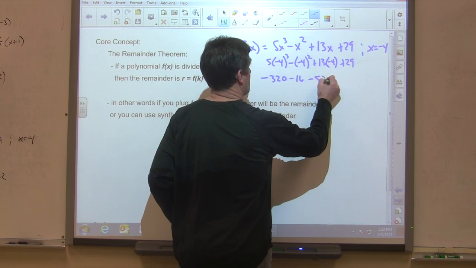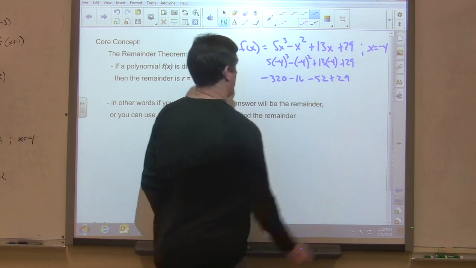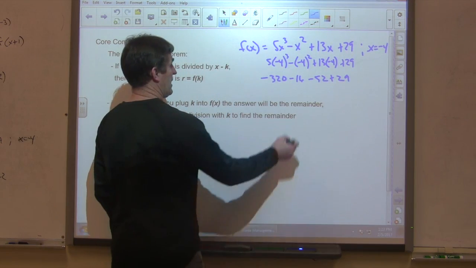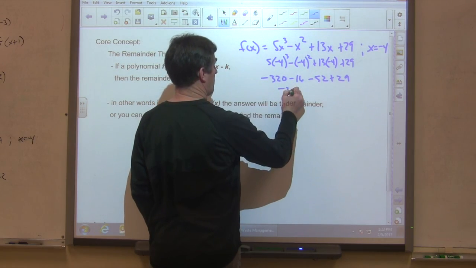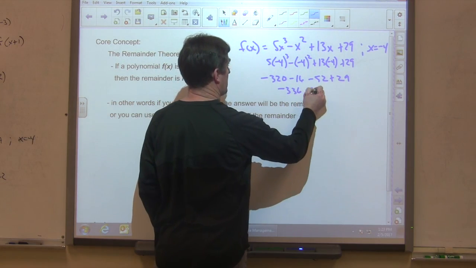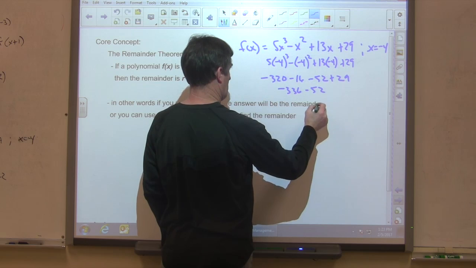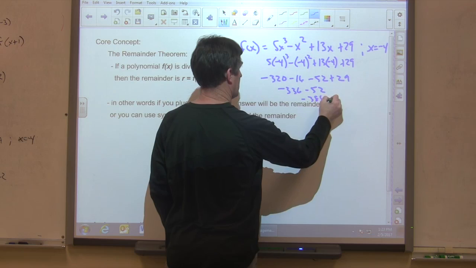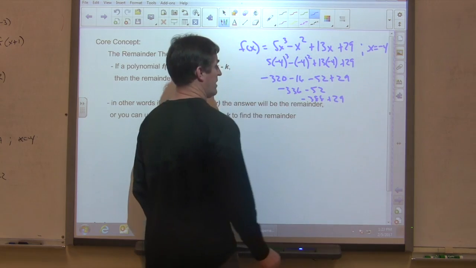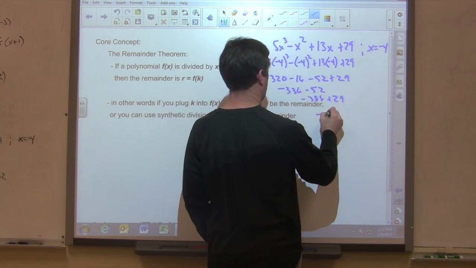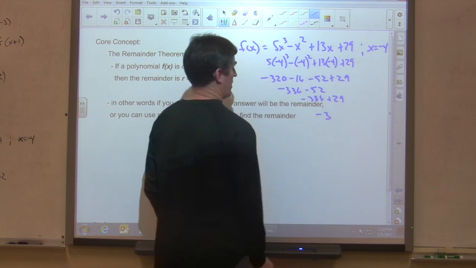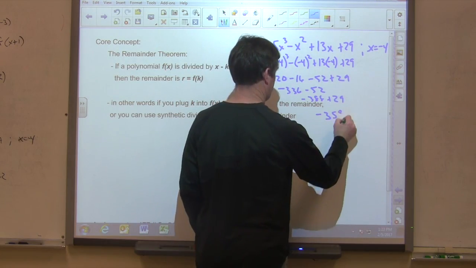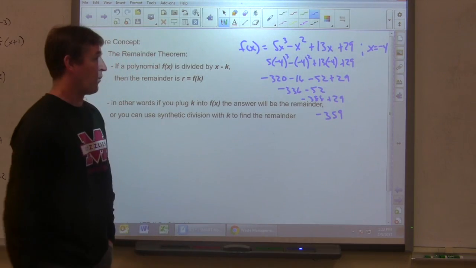So a negative 52 plus 29. So that would be negative 336 minus 52, which would be negative 388 plus 29 would be negative 359. Okay? So that would be one way to do it.